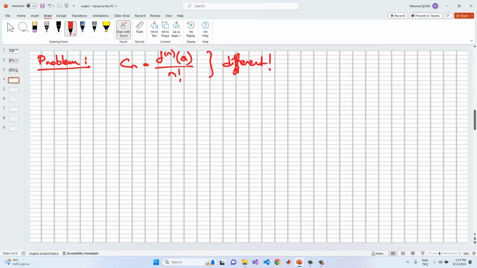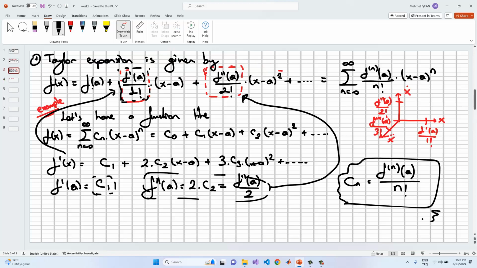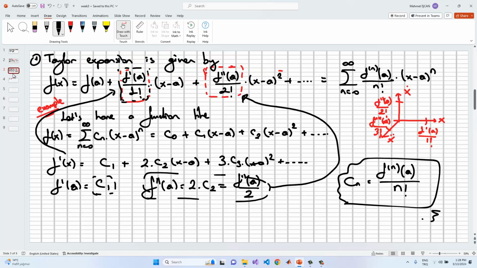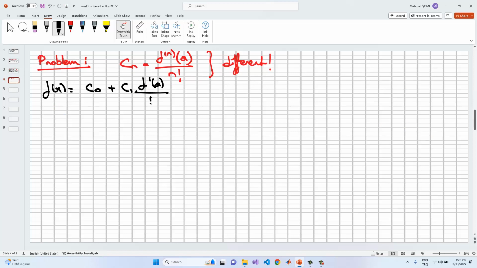So this is a problem, because if we have, for example, the combination of these terms, c0, c1, (x - a), and so on. And so each time we have different coefficients.